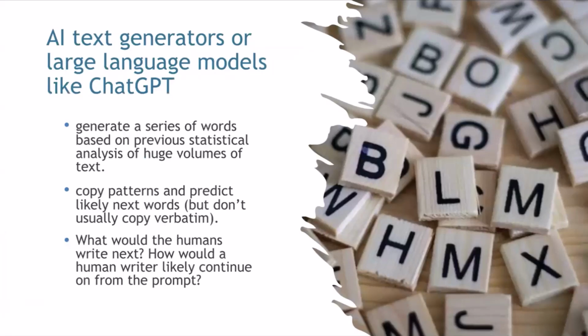It's always helpful to remind myself of that core concept: it's predicting next words, and it's predicting responses based on human text that it's analyzed. So it's answering this question of what would the humans write next? How would a human writer continue on from whatever question or prompt we give it? So it's copying patterns at some deep level and predicting next words, but not usually copying verbatim.